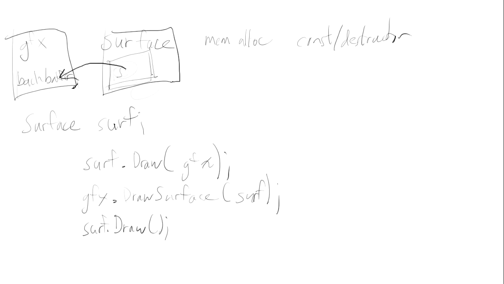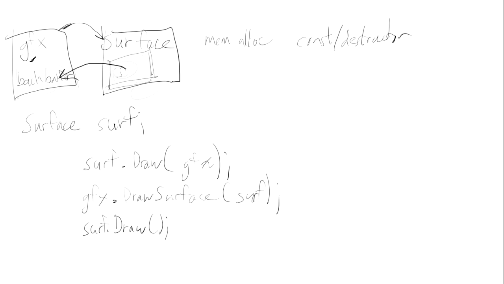You could do graphics as Direct3D, you could do graphics as OpenGL, as GDI, and no matter which way you do it, your surface is always just going to be a collection of pixels. That won't change. So it's better if the graphics object is the one who does the work.